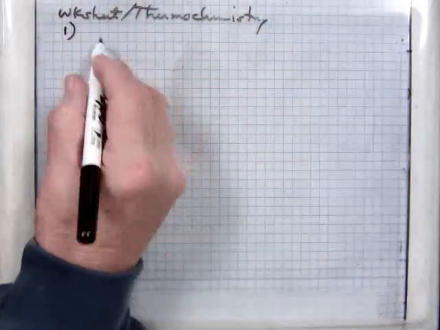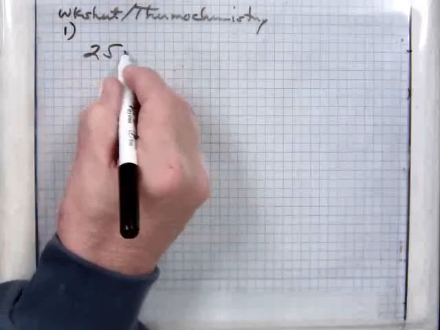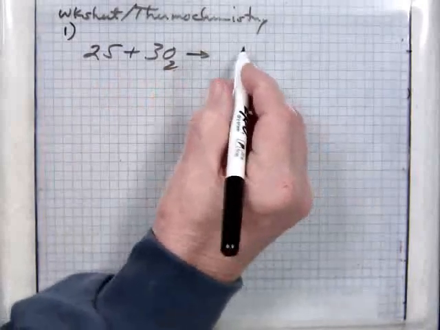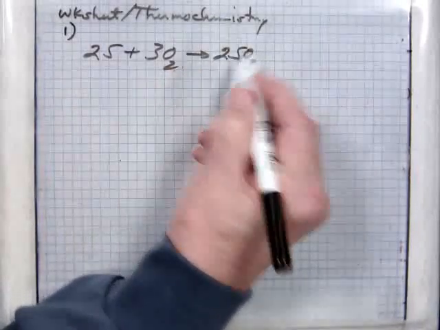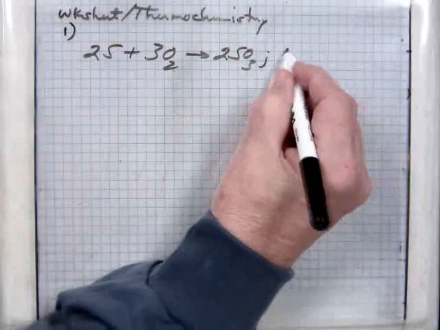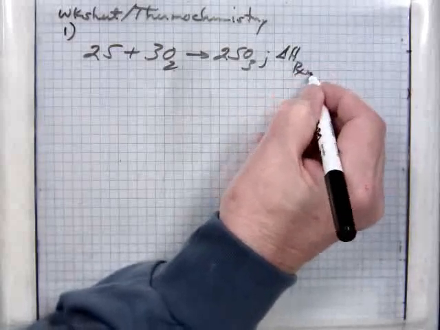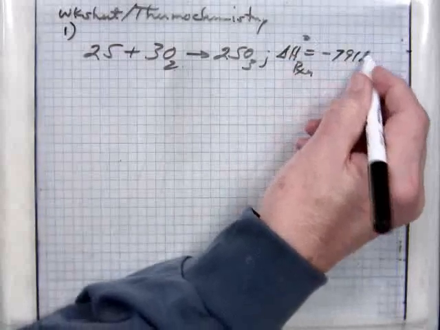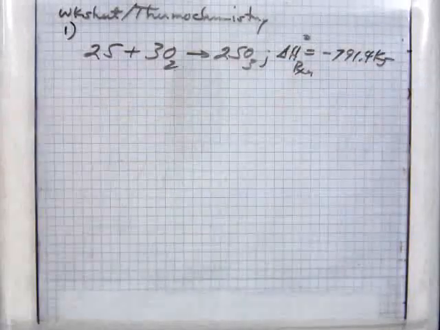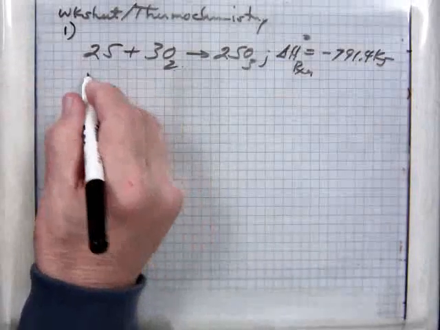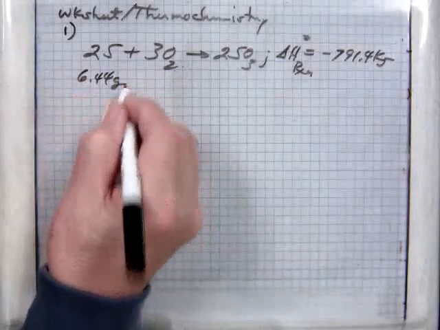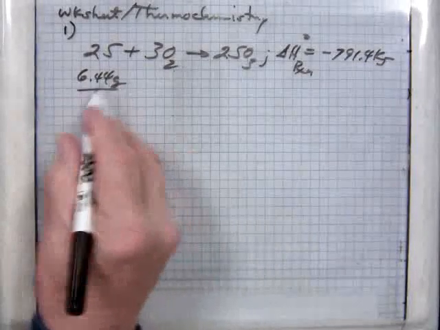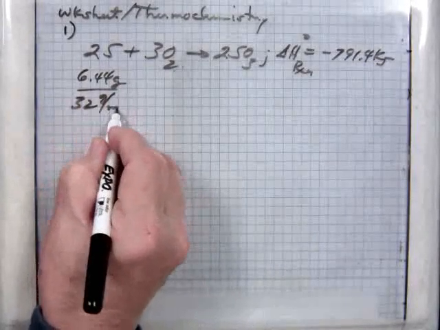So you're given 2 sulfurs plus 3 molecular oxygens generating 2 SO3s, and delta H of the reaction is given to be minus 791.4 kilojoules. And in this, you're given 6.44 grams of sulfur. From the periodic table, you'll find sulfur is 32 grams per mole.